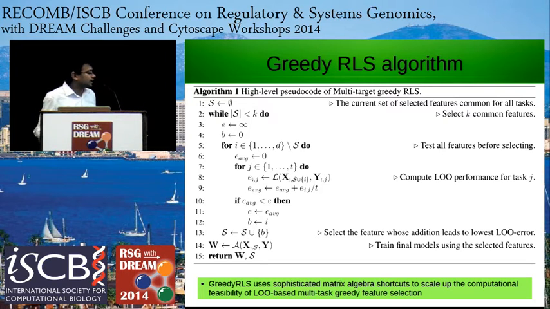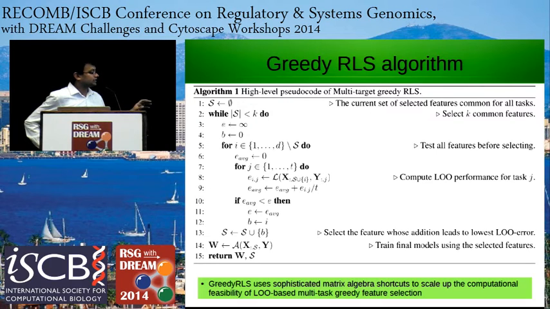Finally, once we have found this set of features S, we just train the model. This algorithm itself is a very general one. It's an approach for doing forward feature selection using the leave-one-out cross-validation approach.